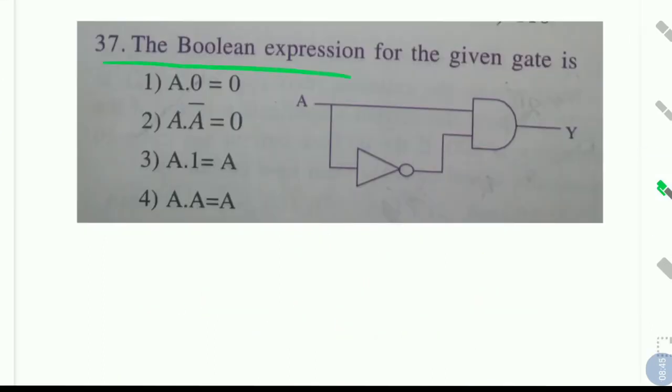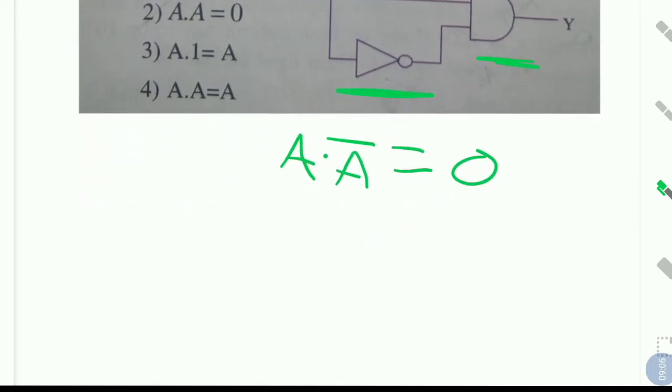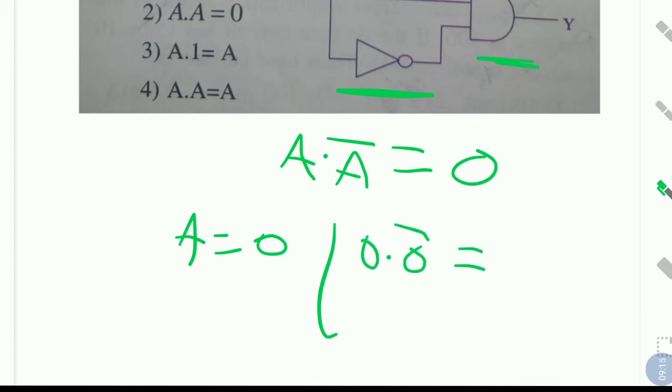The Boolean expression for the given gates is? This is the AND gate, dot. So A dot A complement. A dot A complement is equal to 0. Why? If A is equal to 0, 0 and 0 complement is 1, so 0 dot 1 is equal to 0.